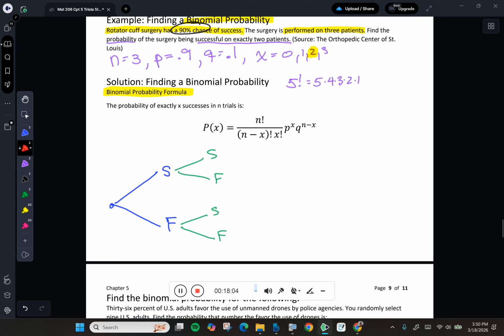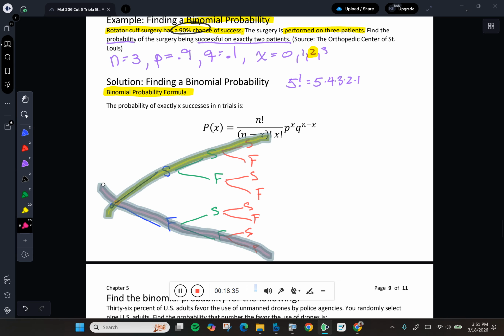If we add in a third surgery, success, failure, success, failure, success, failure, success, failure. Now we've got 1, 2, 3, 4, 5, 6, 7, 8 different possible outcomes, ranging from the optimal success all 3 times to the suboptimal failure all 3 times, and then everything in between.